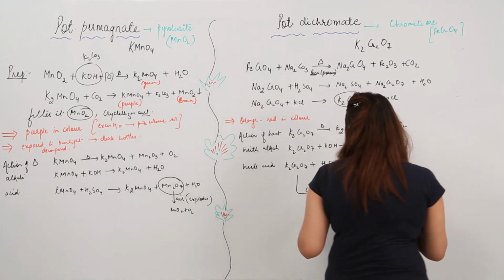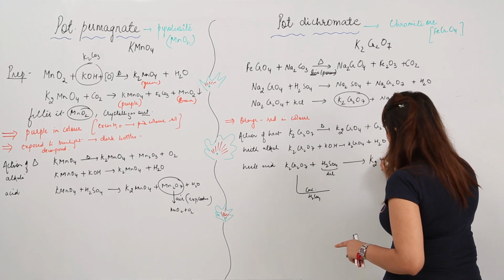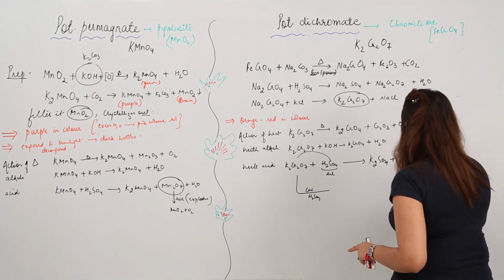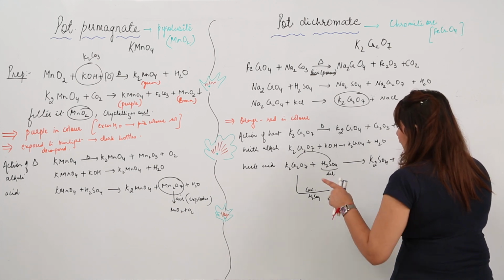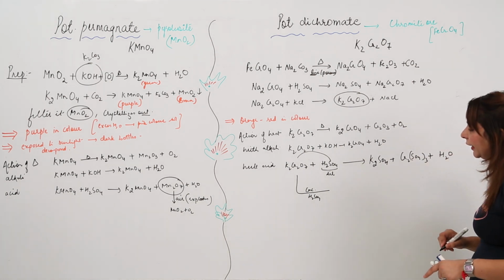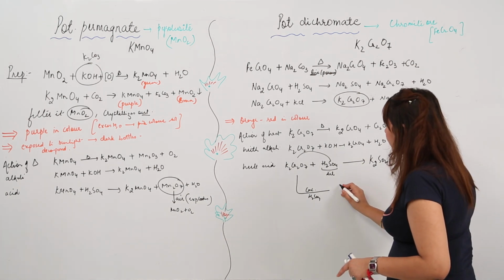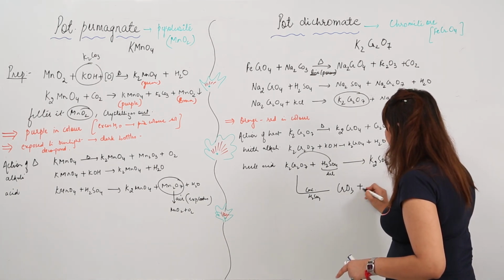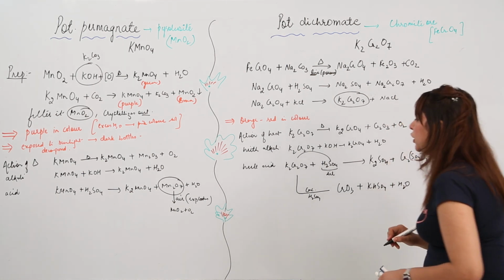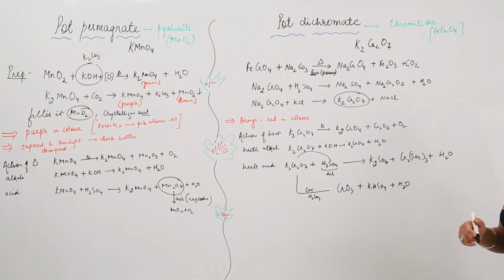When we react with dilute, we get K2SO4, Cr2(SO4)3, and water. And when we react with concentrated, we get CrO3, KHSO4 and along with that we get water. So it shows a different kind of reaction with dilute sulfuric acid and with concentrated sulfuric acid.